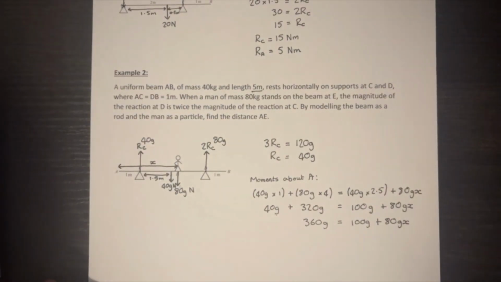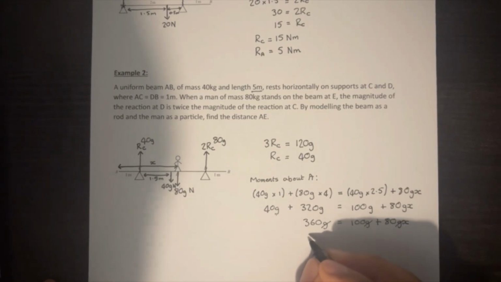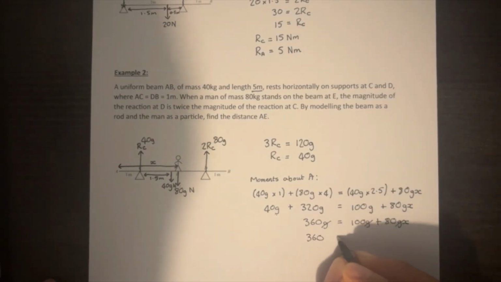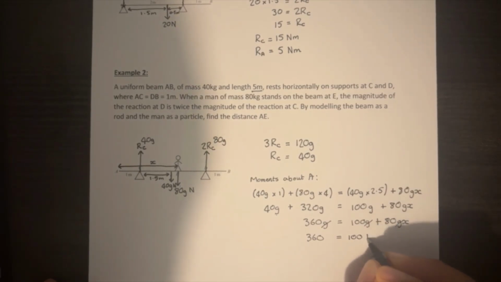At this point I can cancel out the g's, so 360 is equal to 100 plus 80x.